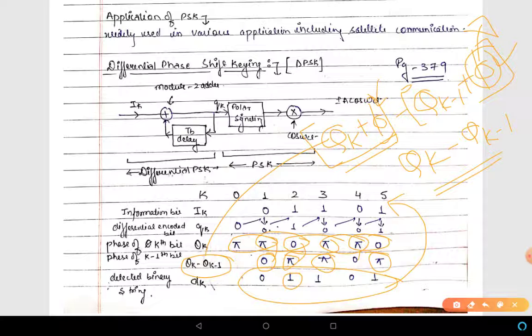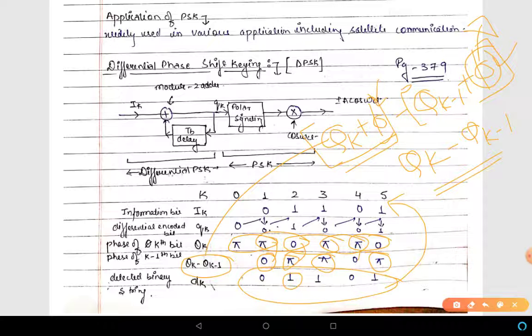PSK is widely used in satellite communication and DTH transmission, and in different wireless communication schemes also, and DPSK is also used in different wireless communication schemes. So this is how PSK schemes work in coherent and non-coherent ways.